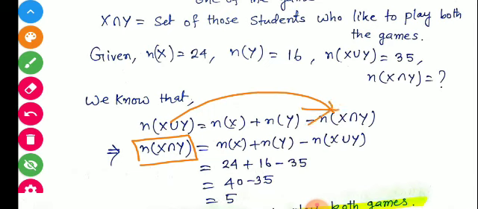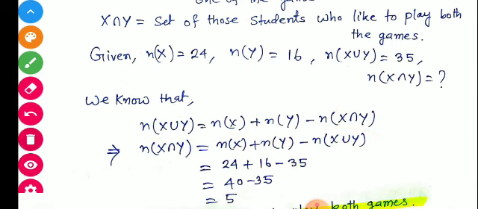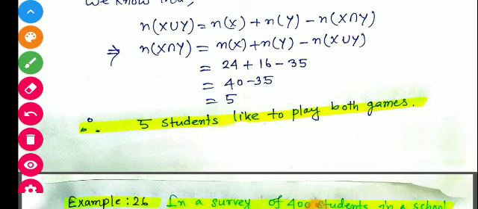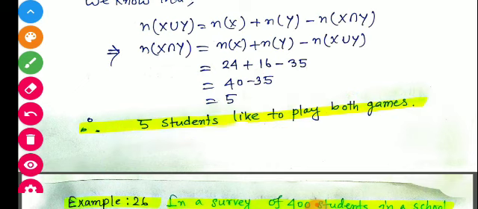Now put the values: n of X is 24, n of Y is 16, and n of X union Y is 35. If we do the calculation, we will get 5. So our answer is 5. How many students like both the games, cricket and football? 5 students like both the games.